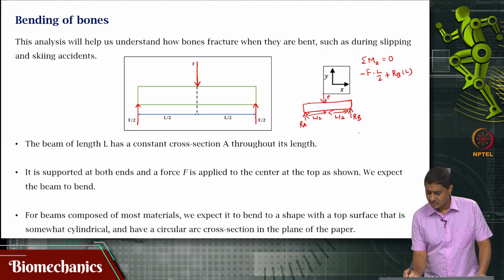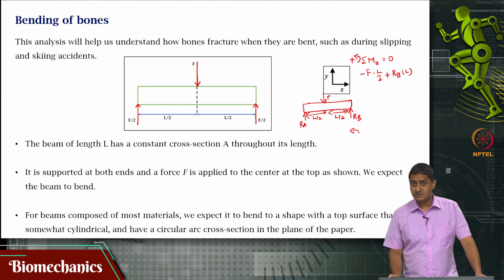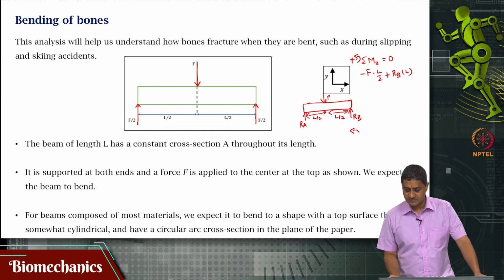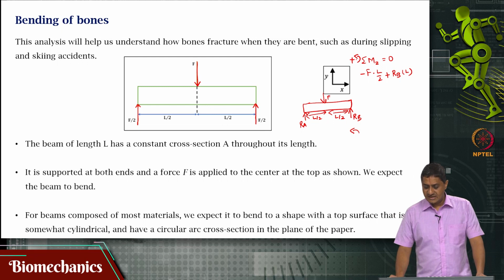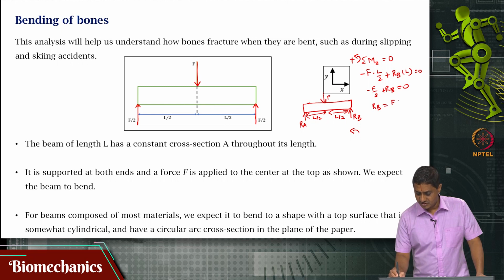Because RB will cause a counterclockwise moment, and counterclockwise is considered positive. So, minus F times L by 2 plus RB times L is 0. Divide by L throughout, I get minus F by 2 plus RB equal to 0, or RB equal to F by 2.